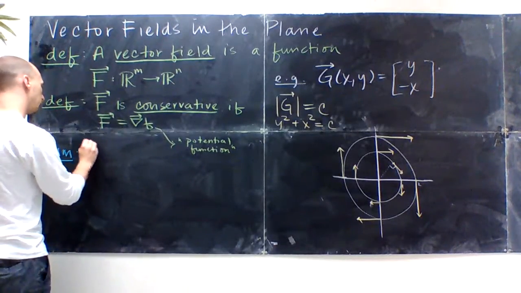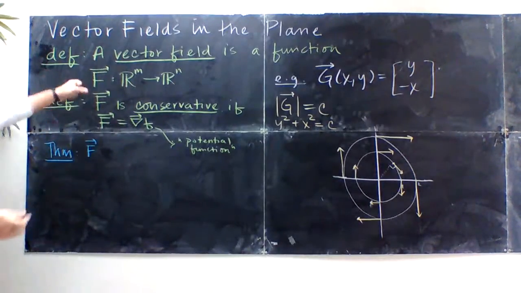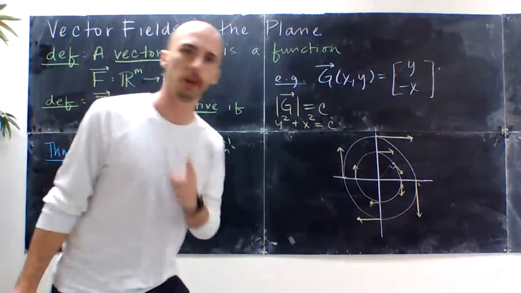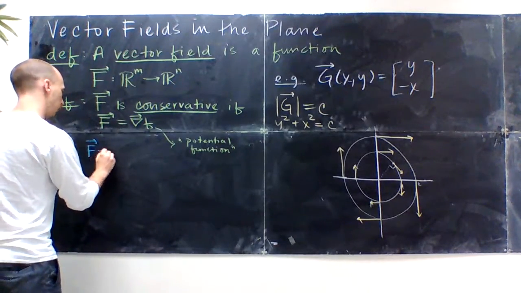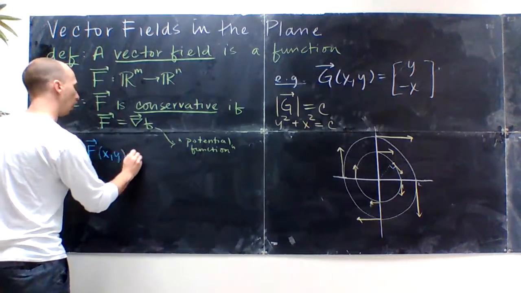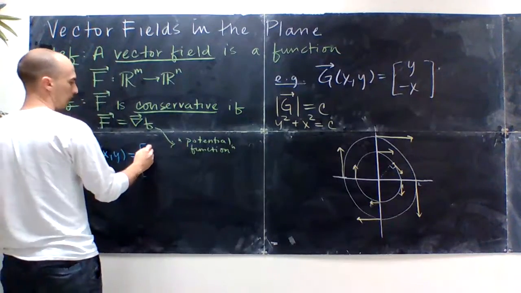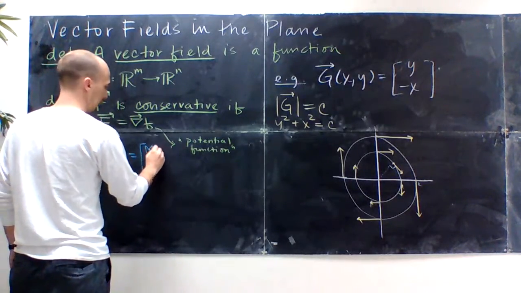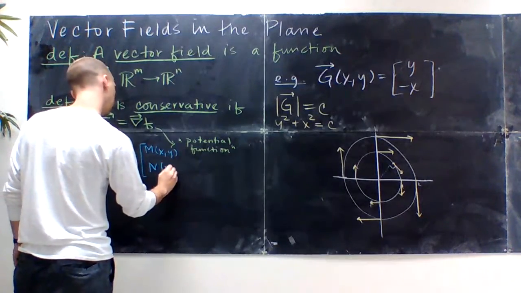A vector field is conservative, and probably I need to be a little more specific about what this looks like, because I'm talking about a vector field in the plane. So F, which takes in x and y, is given by some function M of x and y, and some other function N of x and y.